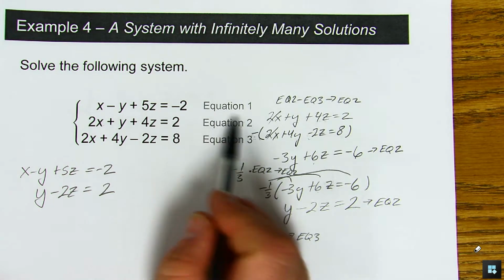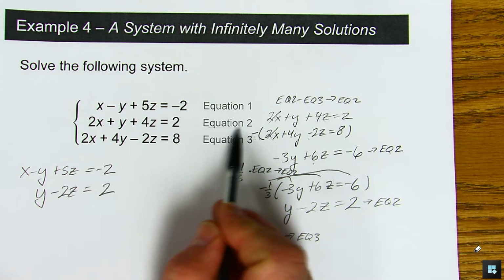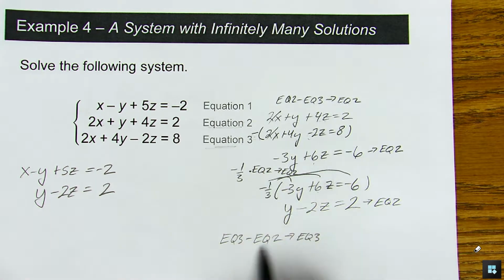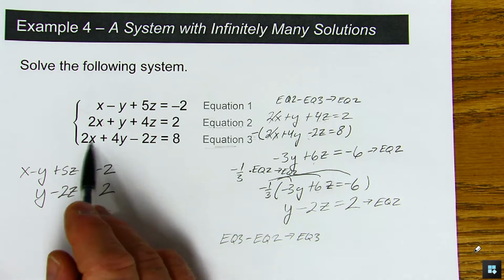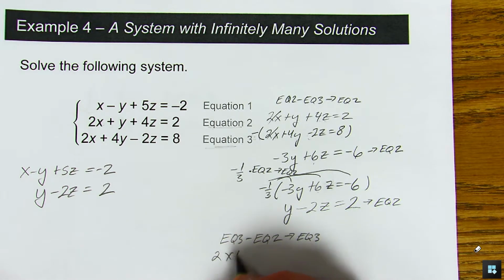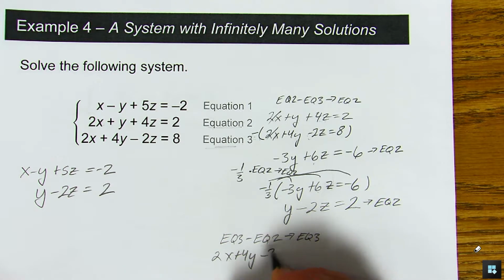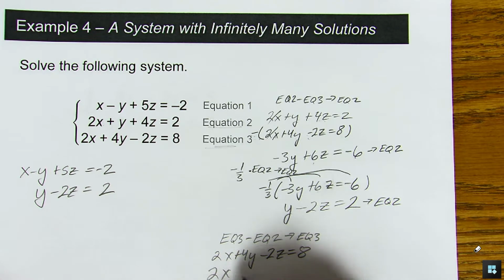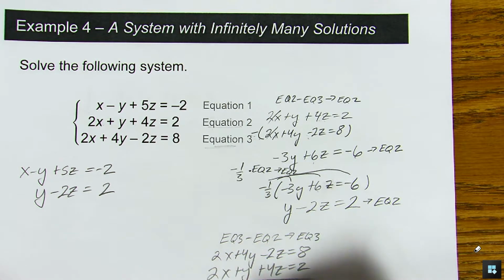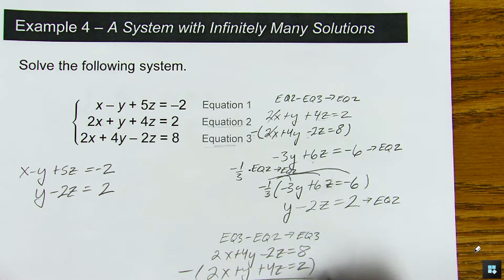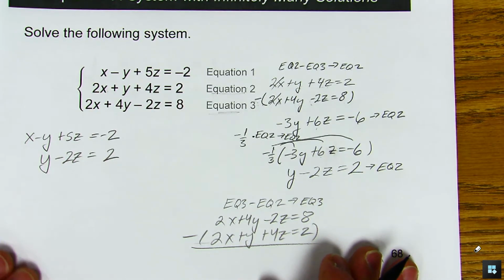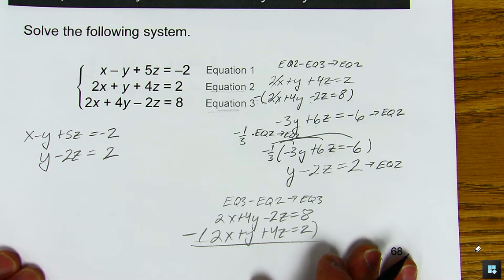So I get 2x plus 4y minus 2z equals 8, and 2x plus y plus 4z equals 2, and I'm going to subtract that bottom one. I put parentheses around it to remind me I'm subtracting the whole thing.